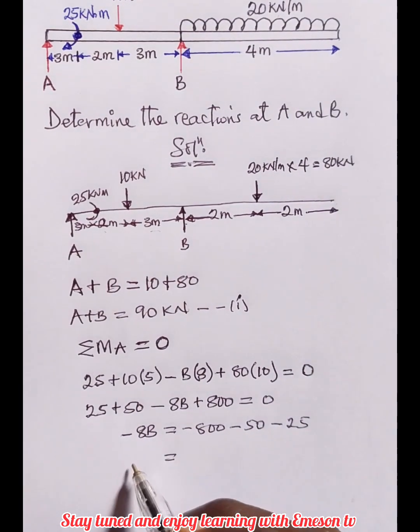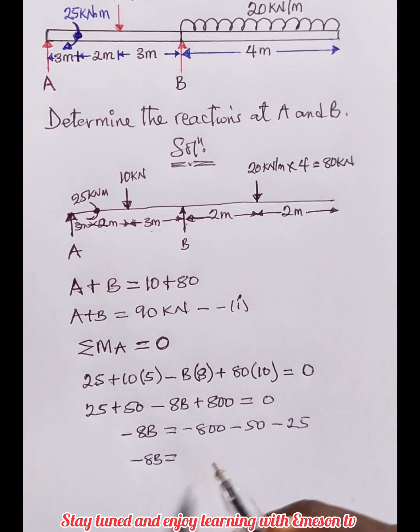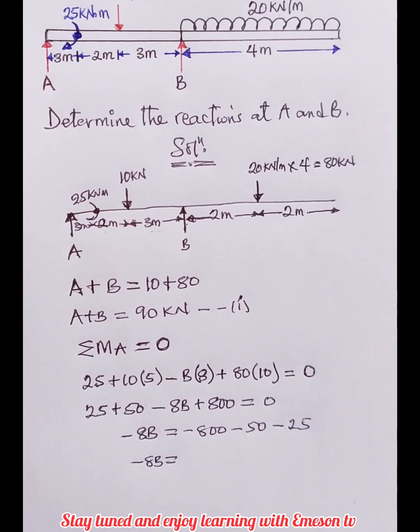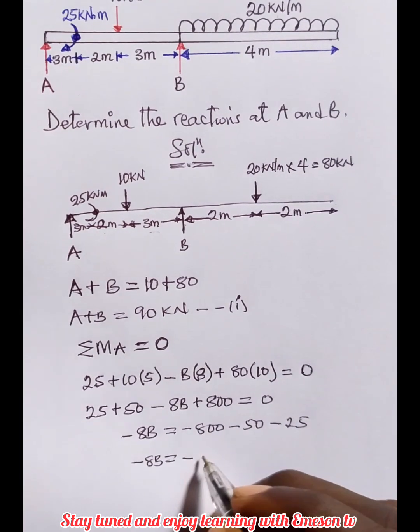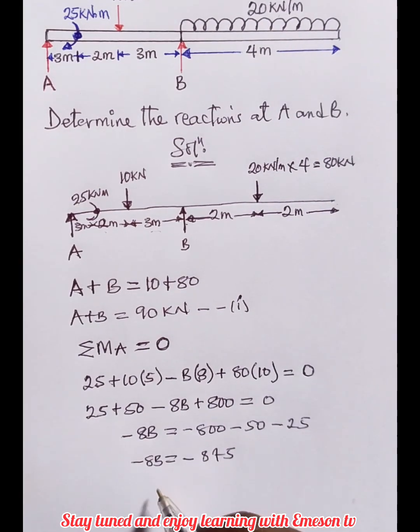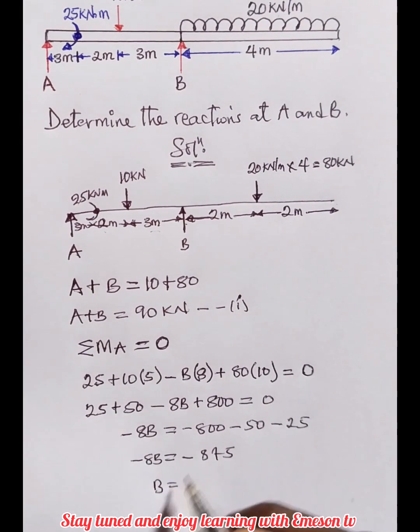So let's check out all this. This minus 8B equals minus 875. Because we're solving for B, this negative will go.